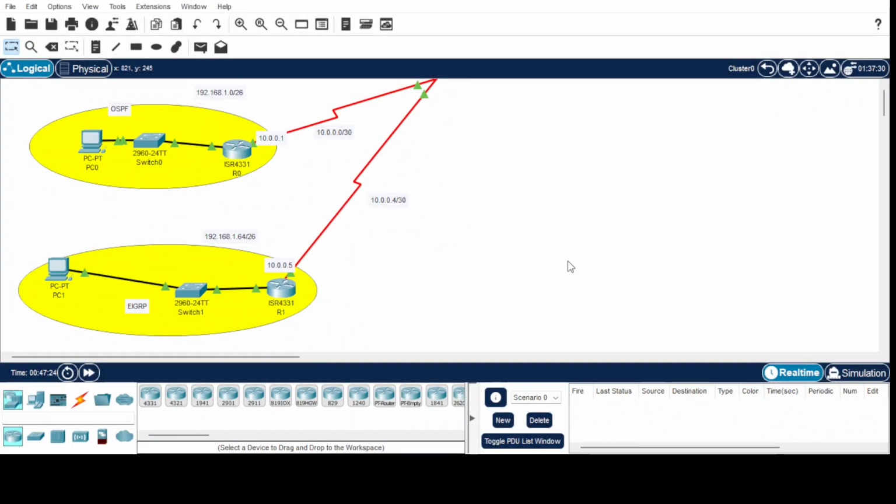So here also I have enabled the EIGRP routing protocol at router 1.